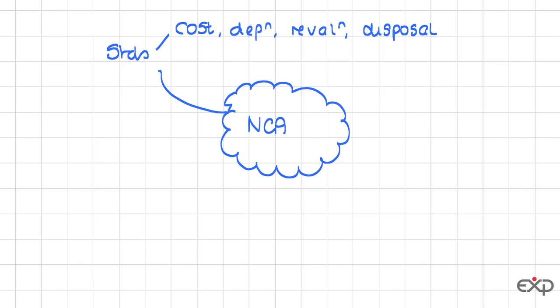Now we've also got other standards that look at when we've got finance costs or interest that's paid to construct a building, and those can be included as part of the cost. We need to have a look at how to deal with government grants, and we also need to know how to deal with other types of property that we rent out, for example.